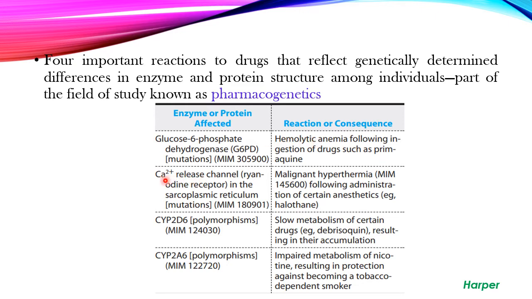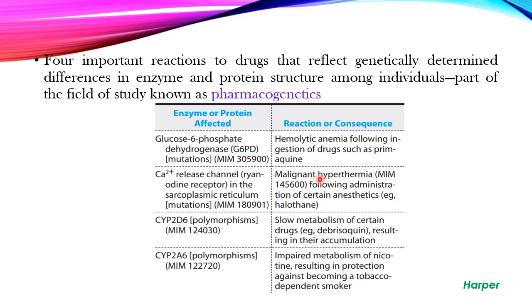Similarly, if anyone has a defect in the calcium release channel, which is also called the ryanodine receptor, in the sarcoplasmic reticulum, then if the same individual is administered an anesthetic, for example halothane, he or she would develop malignant hyperthermia.